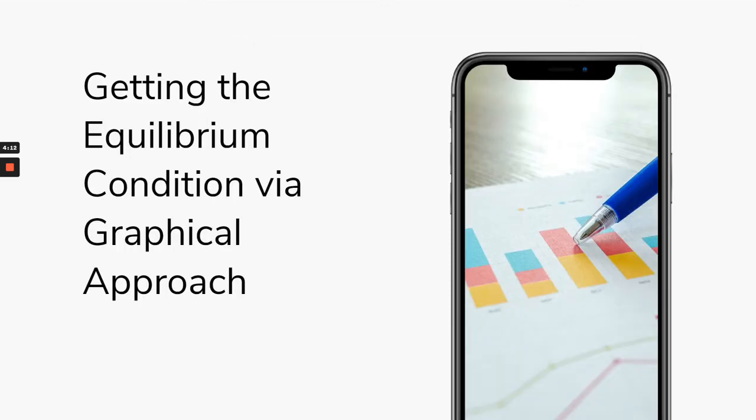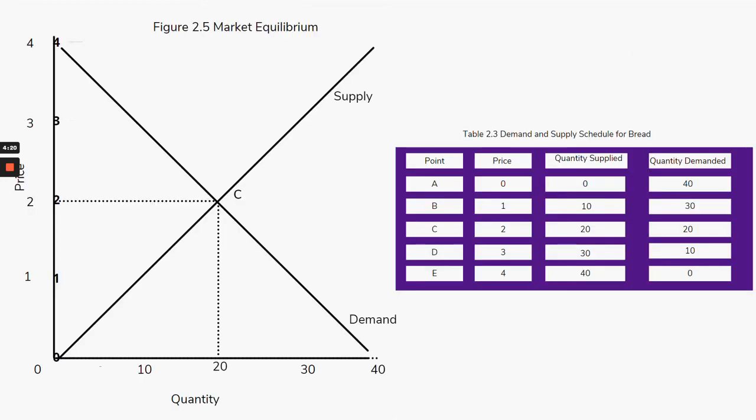And the second way to represent the equilibrium is through a graphical representation. You will notice we will be using the same table, the same values. So again, this will be our price, this will be our quantity, and the price is 0, 1, 2, 3, 4.